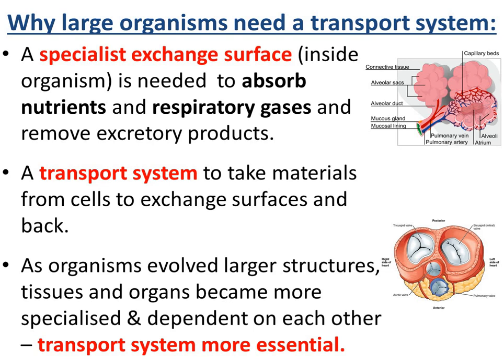A mass transport system will also take materials from cells to the exchange surfaces and back again. As an organism has evolved, larger structures, tissues and organs have become more specialised and dependent on each other. There is then more of a need for a transport system.